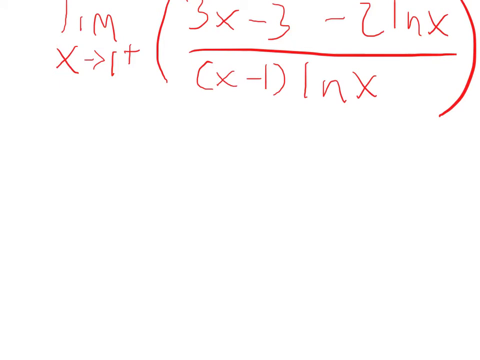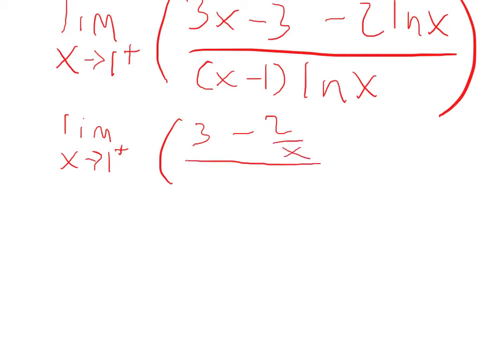Okay, so now that you know that it's 0 over 0, we can solve that by taking the derivative, and that is L'Hopital's rule. So the derivative of the top is pretty simple. It would just be 3, because you have your constant, which comes out to 0 as the 3. So 3 minus, and the derivative of 2 natural log of x is 2 over x because of u prime over u.